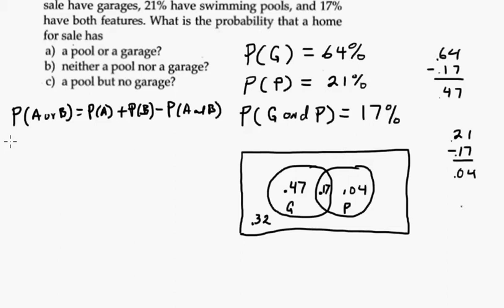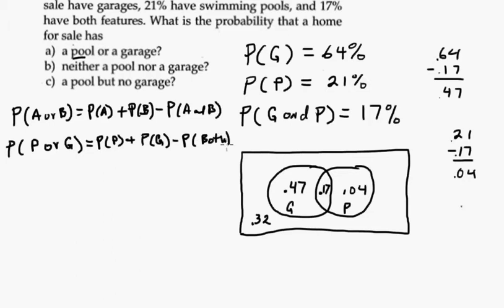So for us, I'm just going to rewrite it real quick. Actually, they say be consistent, they say pool. So the probability of a pool or a garage is going to be the probability of a pool plus the probability of a garage minus the probability of both.